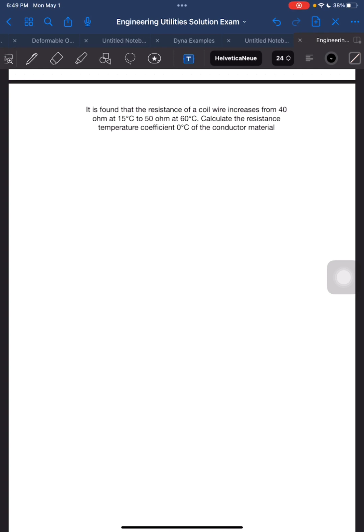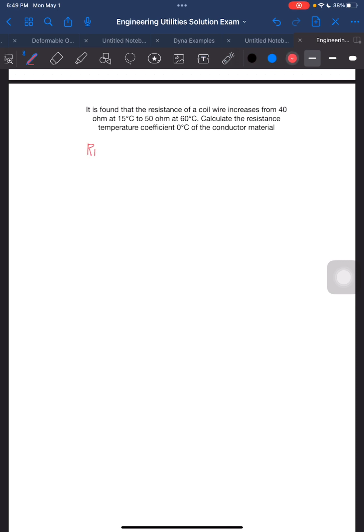Next problem. It is found that the resistance of a coil wire increases from 40 ohm at 15 degrees Celsius to 50 ohm at 60 degrees Celsius. Calculate the resistance temperature coefficient at 0 degrees of the conductor material. First, we need to write the given.